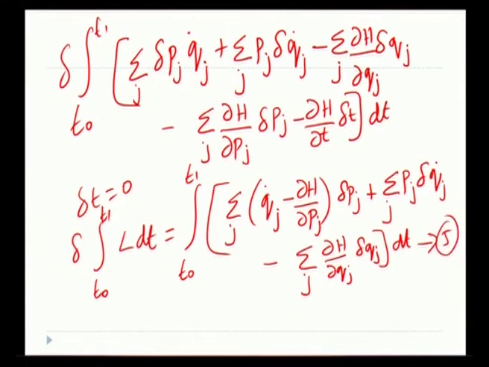We got this equation from the previous equation after substituting del t is equal to 0. Taking the common terms del pj, and substituting the value of h, we got this equation. Now, consider the integral between t0 to t1 of summation over j pj del q dot j into dt.